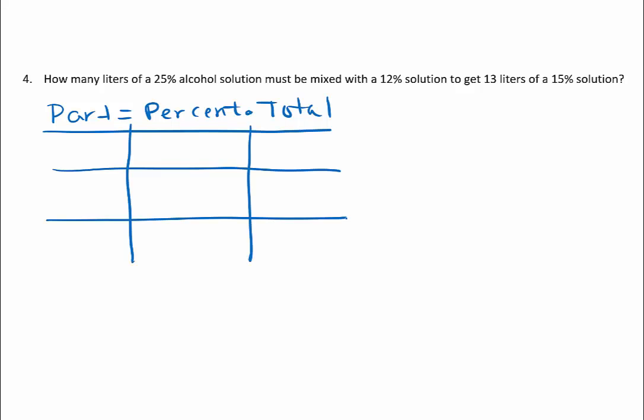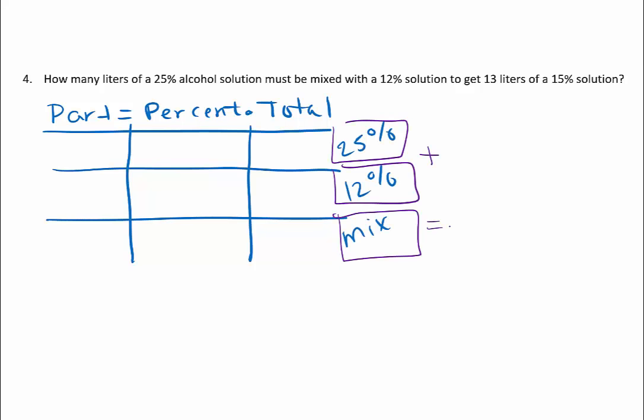Once again, I'm going to collect the information into a table to help me stay organized. In this case, we are adding together a 25%, a 12% solution to equal some kind of mixture. I'm going to put those percentages in right away, writing them as decimals.